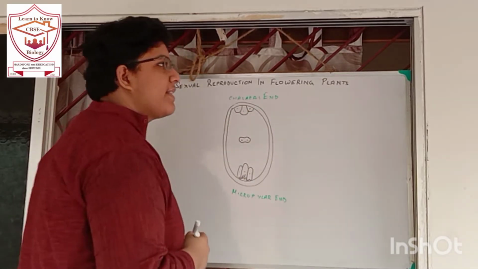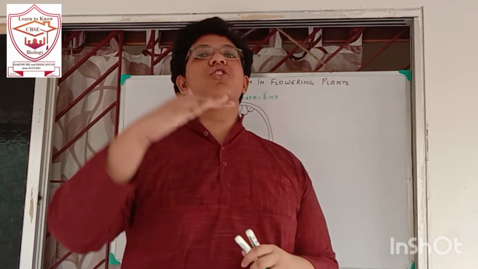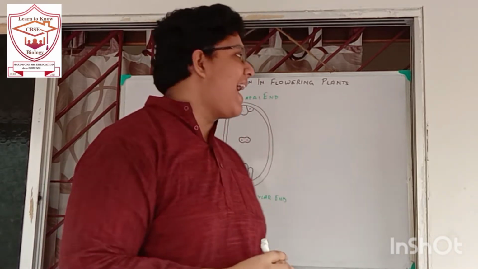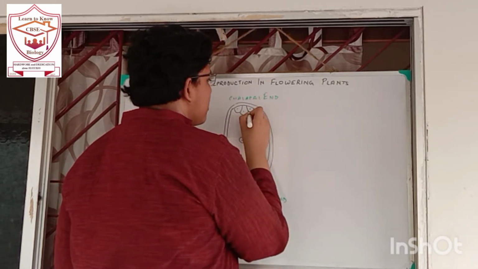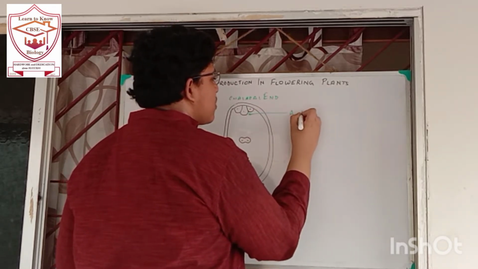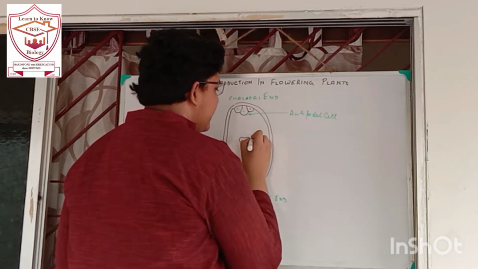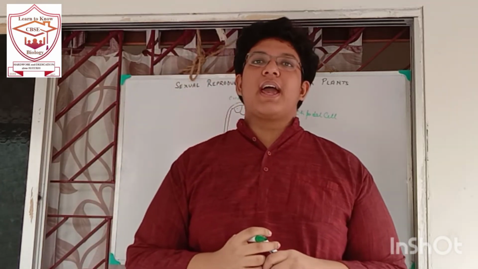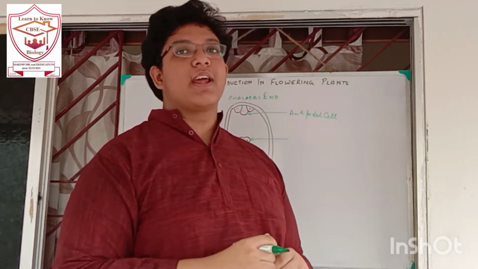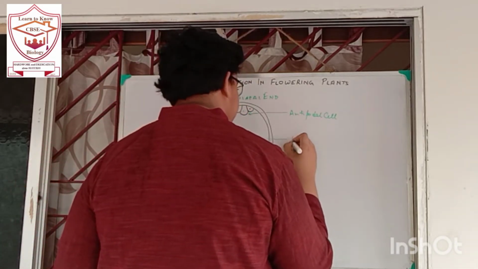The three cells with cell wall and cytoplasm present in the chalazal end are known as antipodal cells. After fertilization, antipodal cells do not have any function. This is a binucleated cell, and the nuclei are known as the polar nuclei.